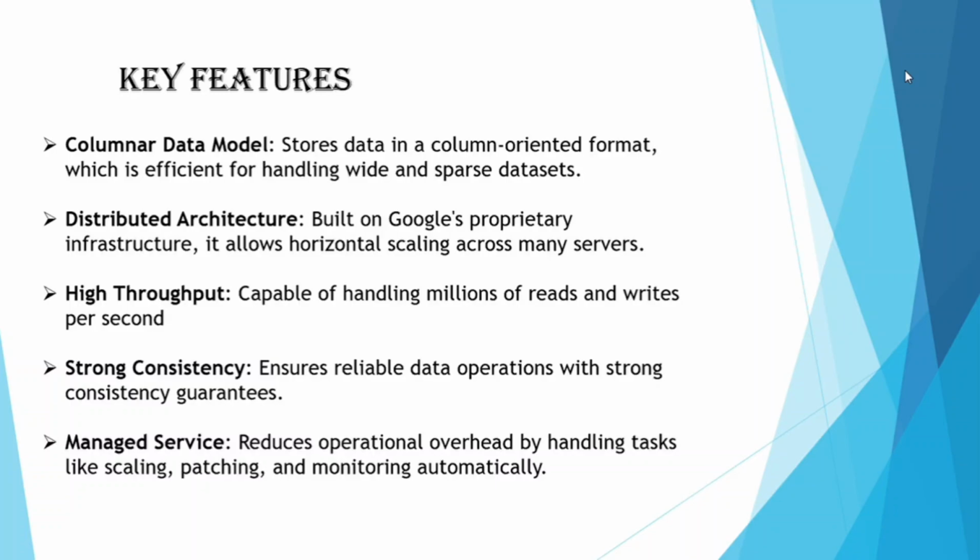High throughput, capable of handling billions of reads and writes per second. Strong consistency, ensures reliable data operation with a strong consistency guarantee. Managed service reduces operational overhead by handling tasks like scaling, patching, and monitoring automatically.